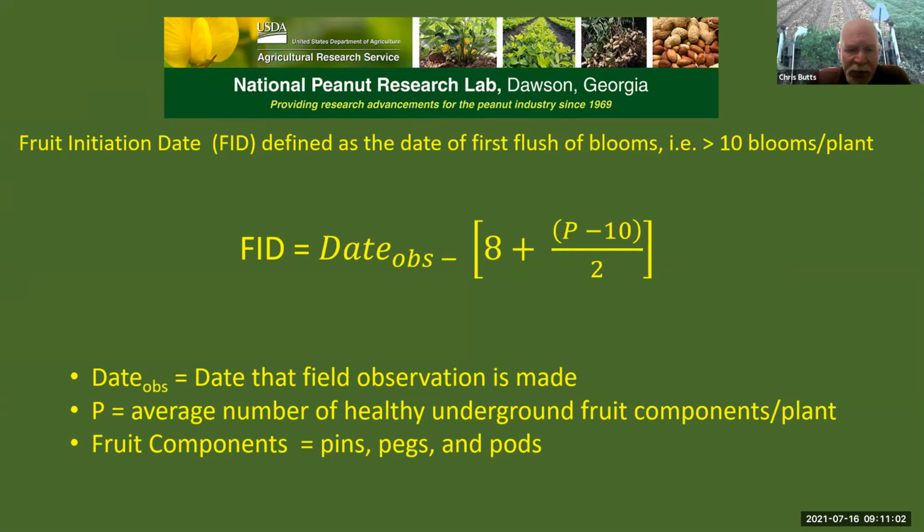So he came up with a way to calculate that fruit initiation date based on the average number of healthy underground fruit components, which are defined as the pins, pegs, and pods. And so basically we use this formula in Irrigator Pro to estimate the fruit initiation date.